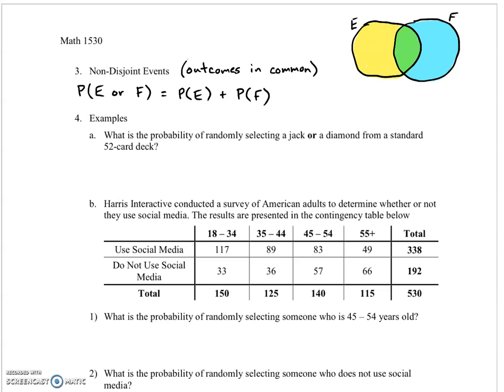We have this whole area right here in the middle, this green area, that we counted towards the probability when we found E, and we counted it again when we did the probability of F. So anything in the overlap, any outcomes they had in common, we counted twice, which we don't want to do.